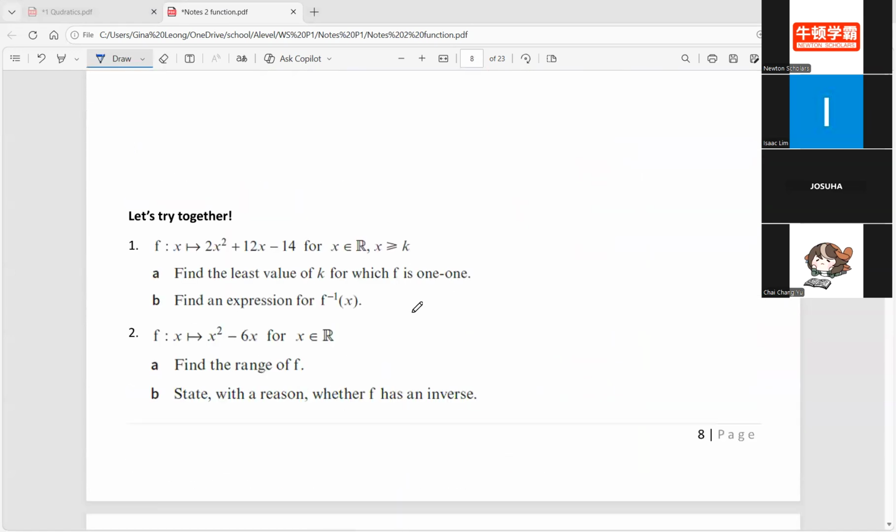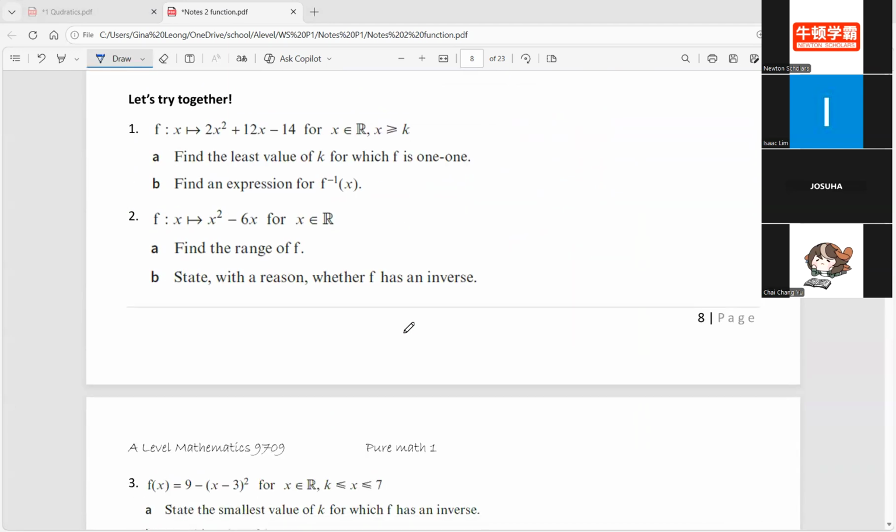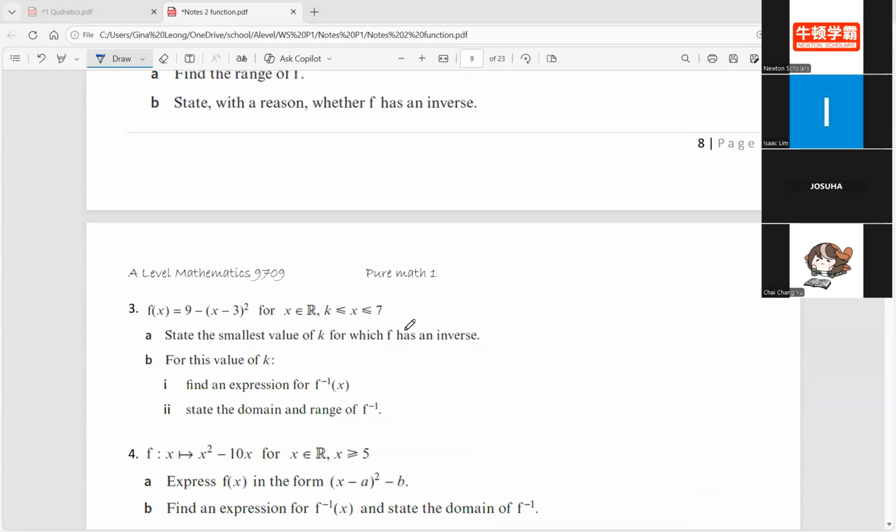We try one question. Actually, here we have 4 questions. We try 1 question. You try question 3. Always remember the past year questions; when you do past year, you will know they always like to ask you about the domain and the range. Even the composite is the same, they will also ask about the range and the domain.